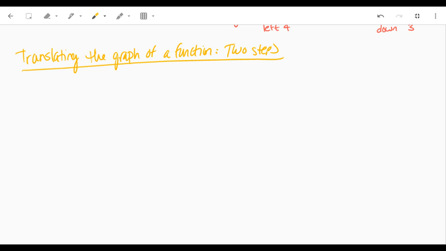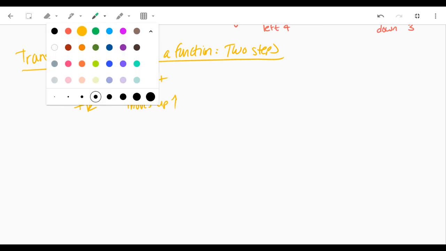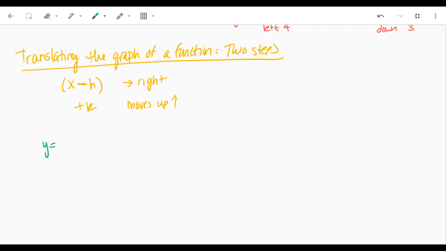Okay, so again, if we have an x minus h, that moves to the right. And then at the end, if we have a plus k, that'll move it up. Okay, so in the example that I'm looking at here, they give me y equals square root of x.